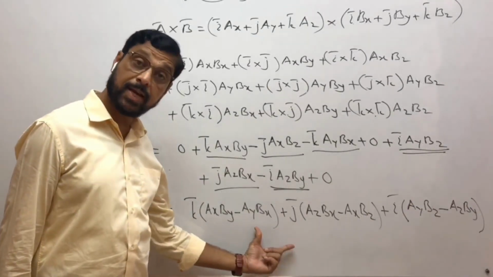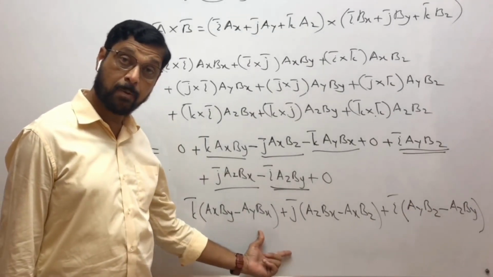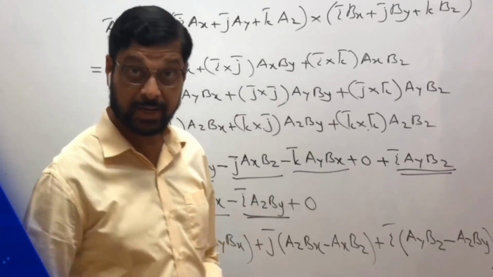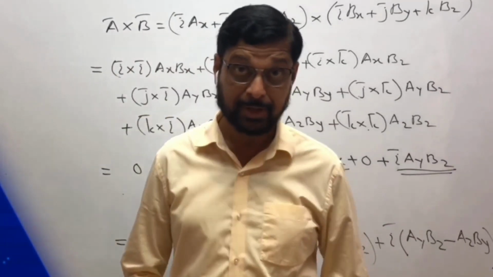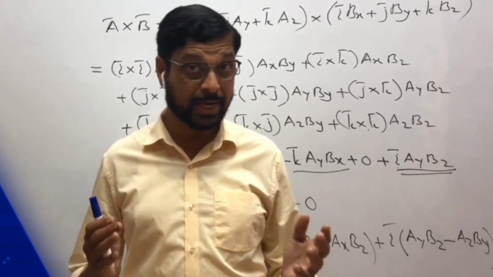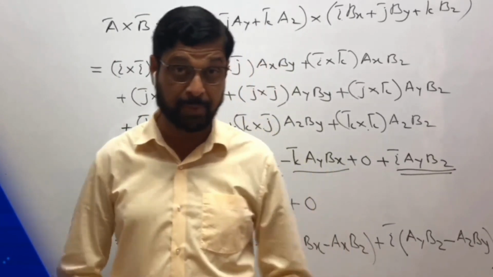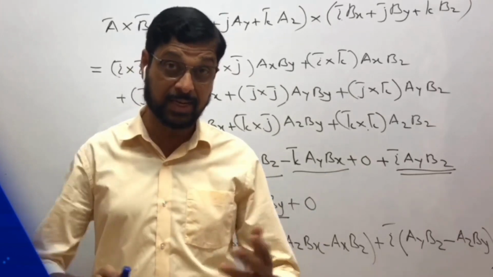This can be written in the form of determinants. Determinants that you are going to study in mathematics at 11th level. In 11th you will study what determinants are, how to write them, what to do with them.